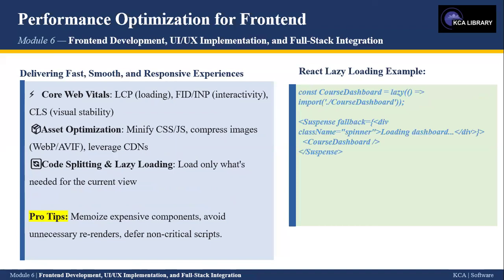Performance directly impacts user retention. Key metrics are Core Web Vitals: LCP, largest contentful paint; INP, interaction to next paint; and CLS, cumulative layout shift for layout stability. Optimization techniques are code splitting and lazy loading, which load only what is needed.